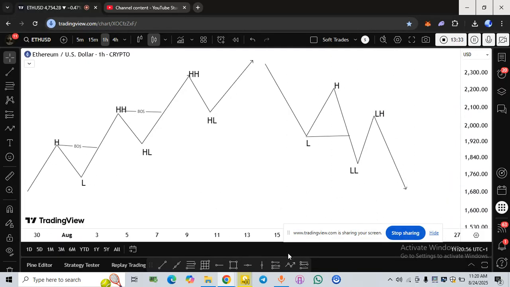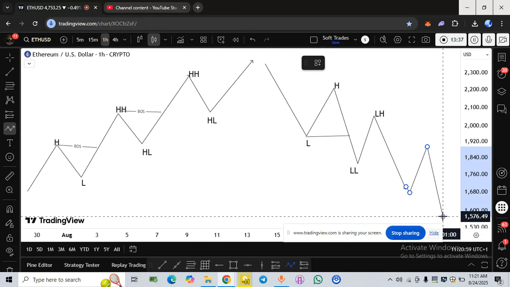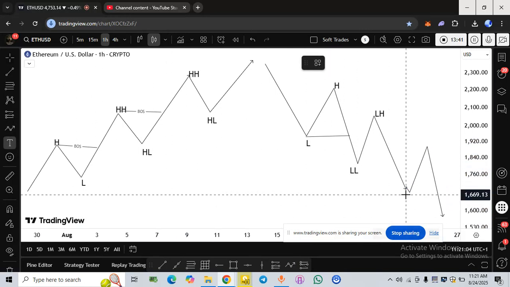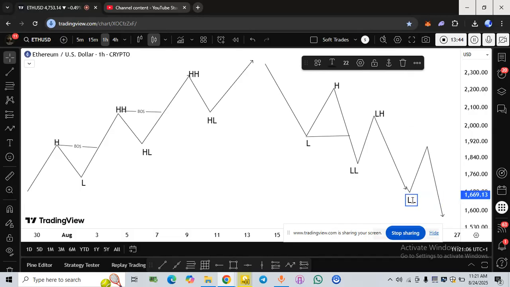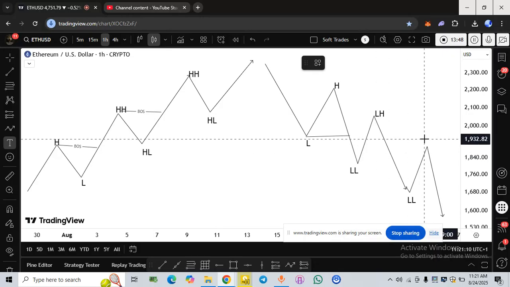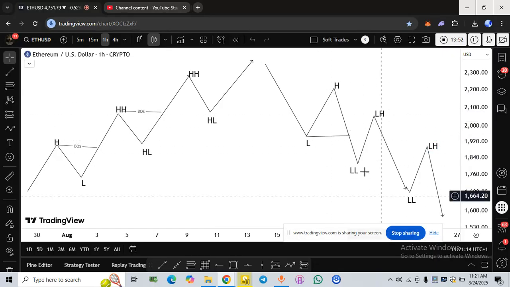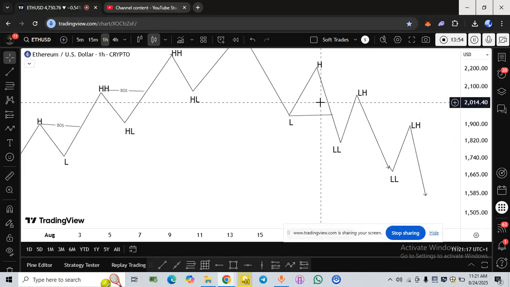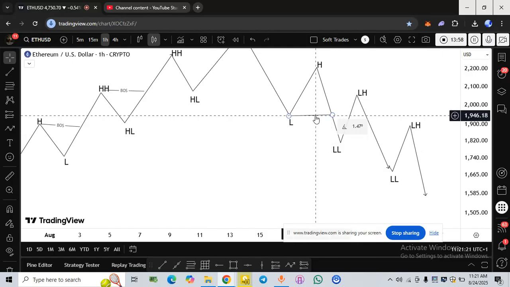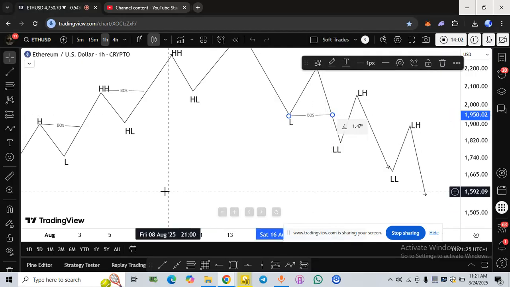Now it can continue to go on and on and on. So this becomes another lower low, and this becomes another lower high. Now inside this particular structure, you see that each time the market creates a new low, which is a lower low over here, it automatically creates a BOS, breakout structure.